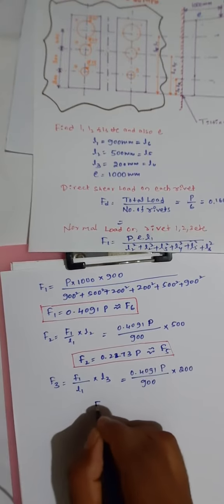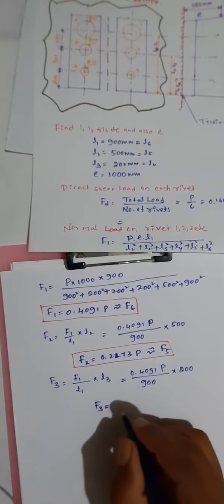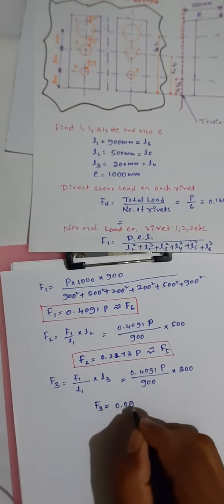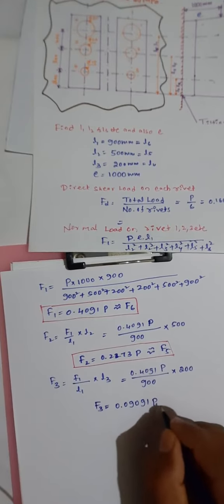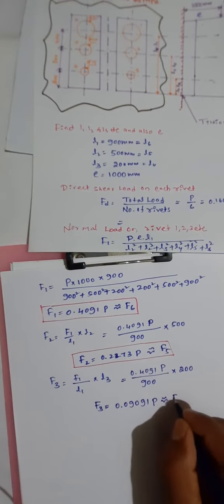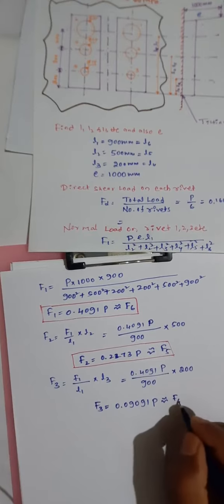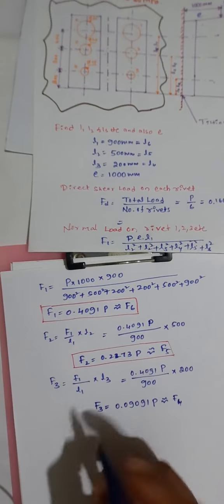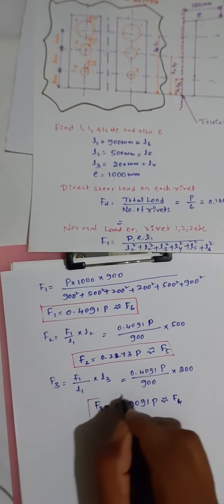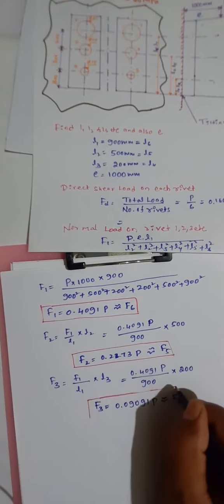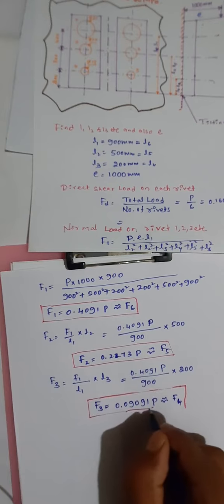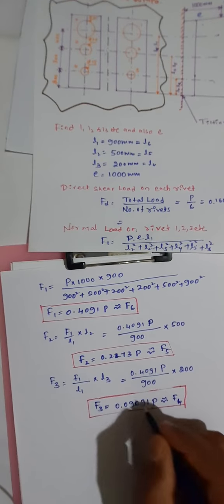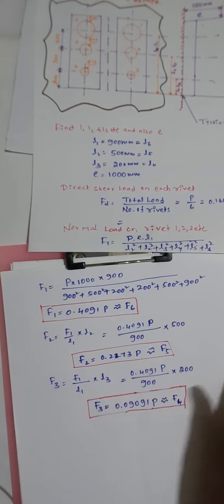If you simplify this, F3 is equal to 0.09091 P, which is also called F4.